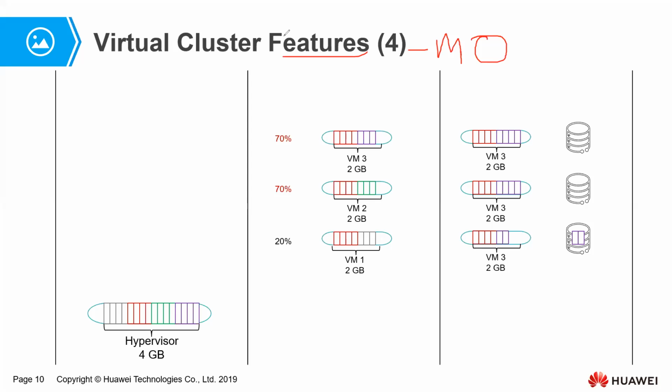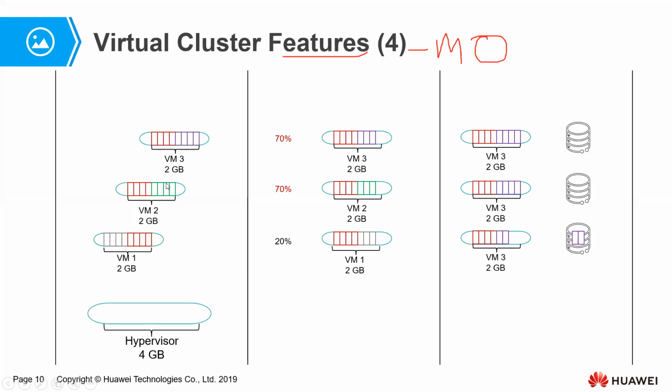Let me click and see if we have an animation. So you see, we have our hypervisor here, be it Oracle VirtualBox or FusionCompute, and we assigned it 4 GB of RAM. But on this 4 GB of RAM we create, are you seeing 1, 2, 3 virtual machines?